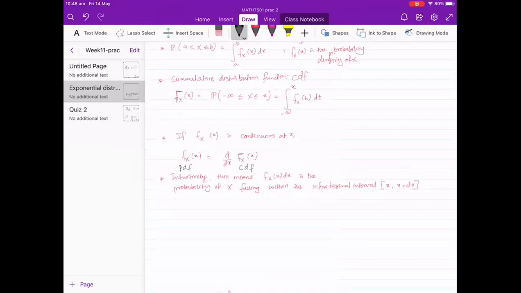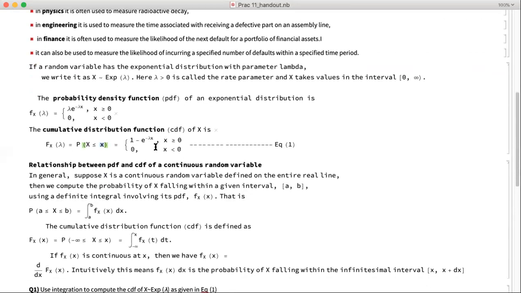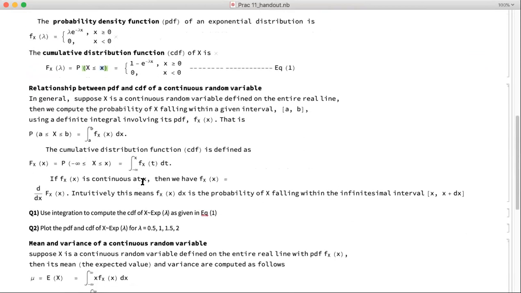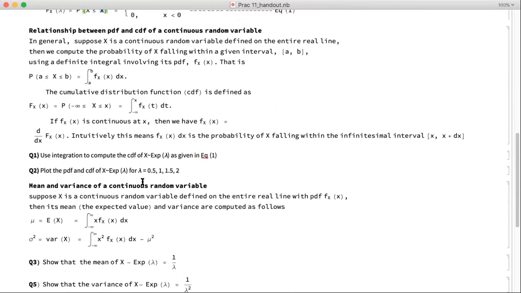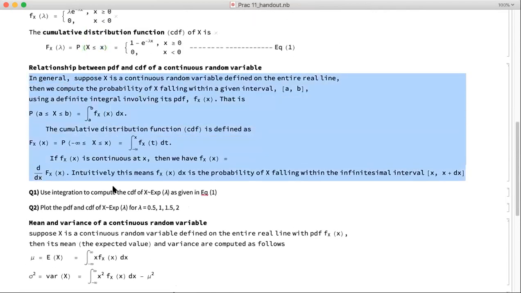Now coming back to the exponential distribution. That's what I just discussed in general; these things are true for any continuous random variable. Let's look at question 1.